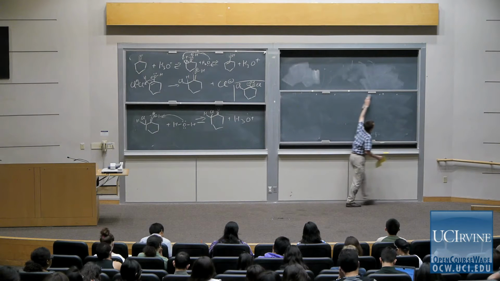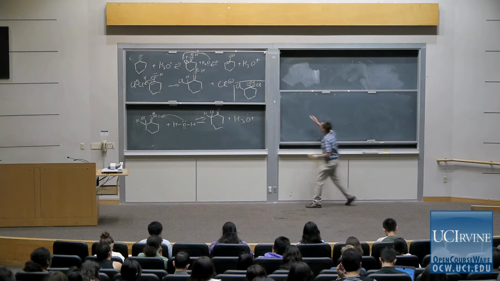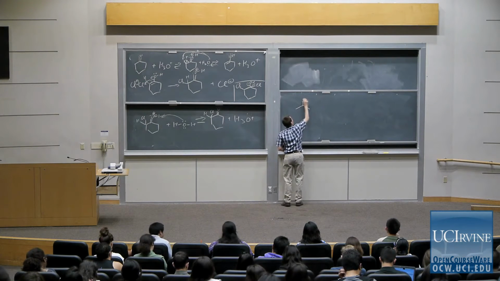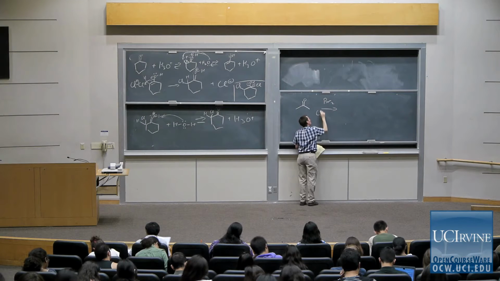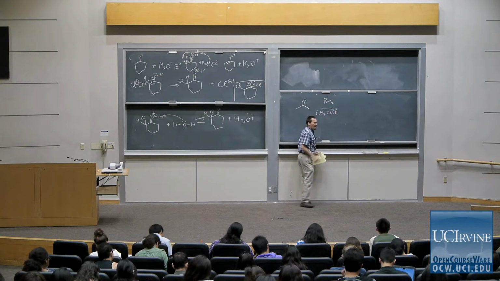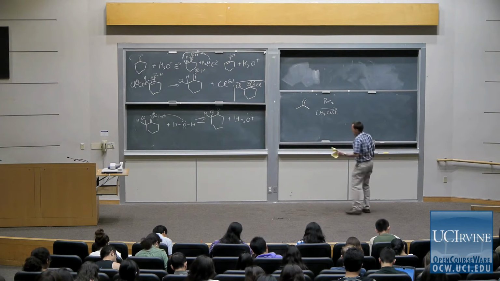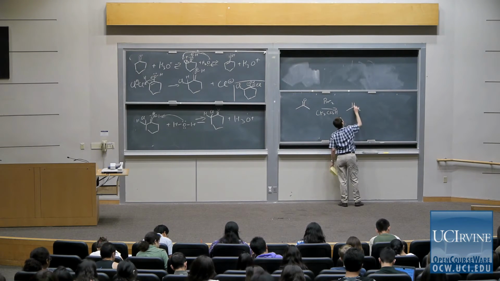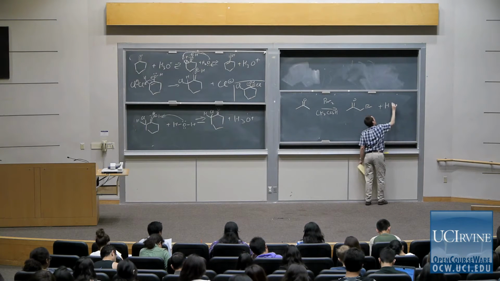I'll give you an example straight from your textbook if it gets you less bent out of shape. We'll take acetone, treat it with bromine, and as I said, this really works for all of the three regular halogens. Take acetone, treat it with bromine and acetic acid, and you'll get alpha bromoacetone plus HBr.